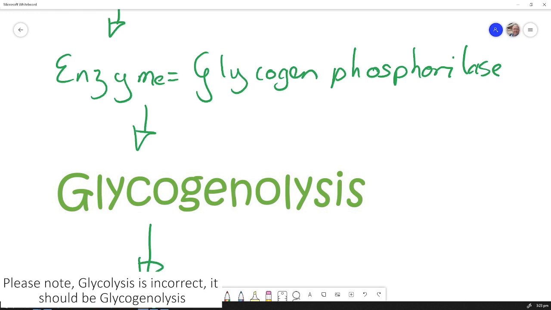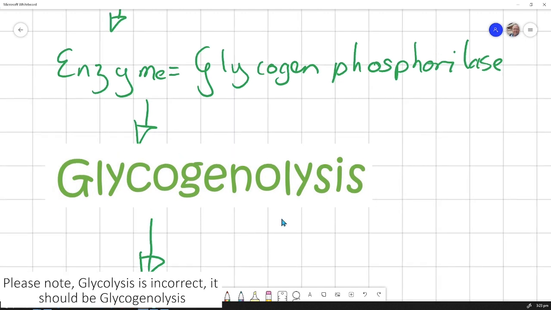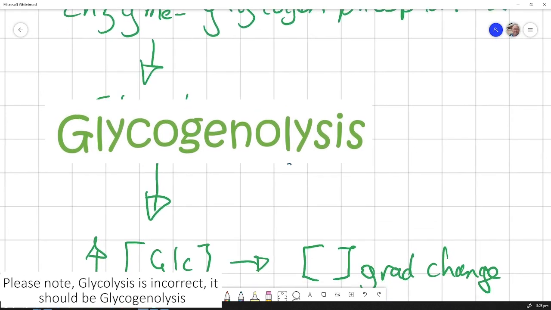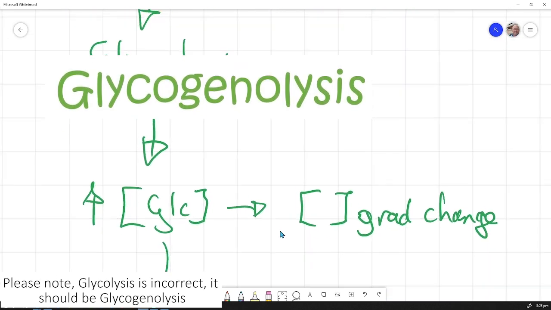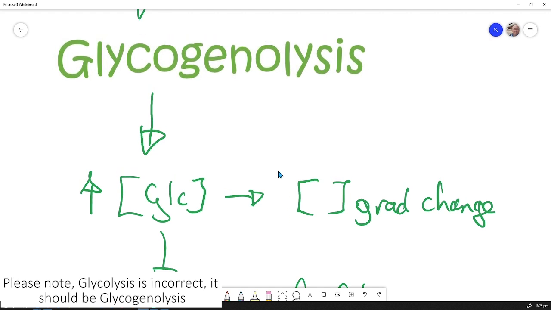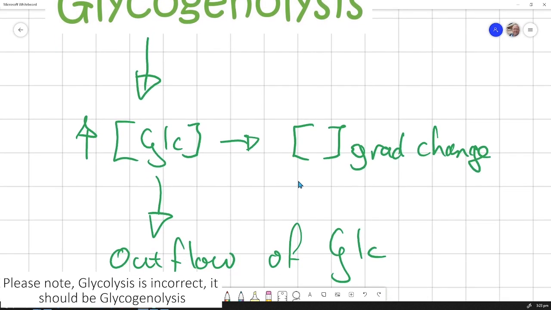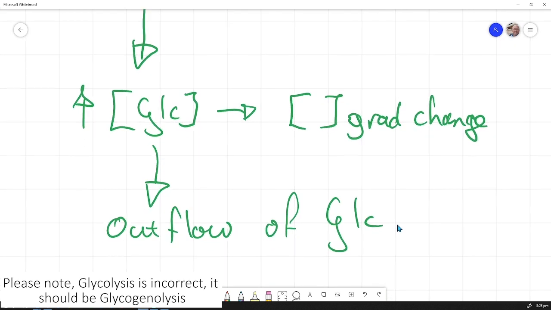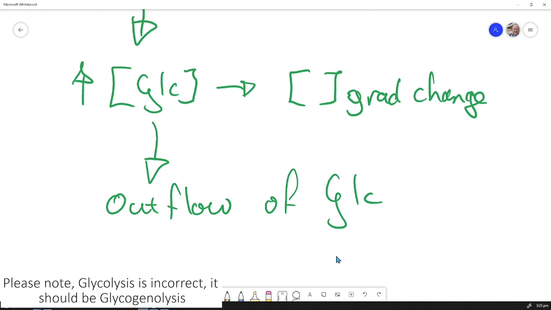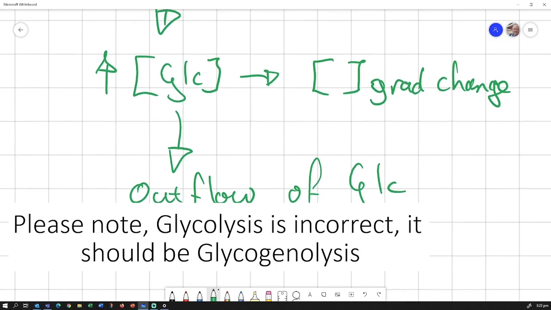Remember, lysis means to break things. So we're breaking glycogen down into its building blocks, and remember what the building blocks were? They were glucose. So if I'm breaking down glycogen inside the cell, my concentration of glucose inside the cell will go up. Suddenly I have more glucose inside my cell than outside in the blood, so there's a concentration gradient. And what happens? The glucose flows out and can be used by the brain or muscles and so forth.